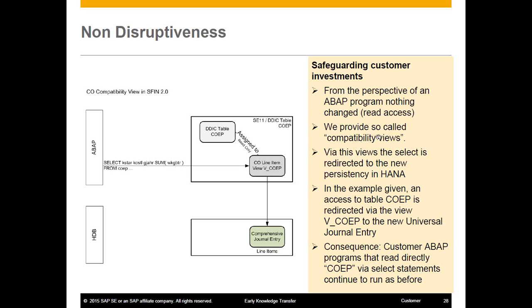So there's a thing called compatibility views, meaning SAP has created HANA views to be able to see all your prior tables like COEP tables. So there will be a view called V underscore COEP. Your customer tables KNA1, KNB1, any table that you're used to, they are used through HANA views. Okay, it's called the non-disruptive nature, we call it.